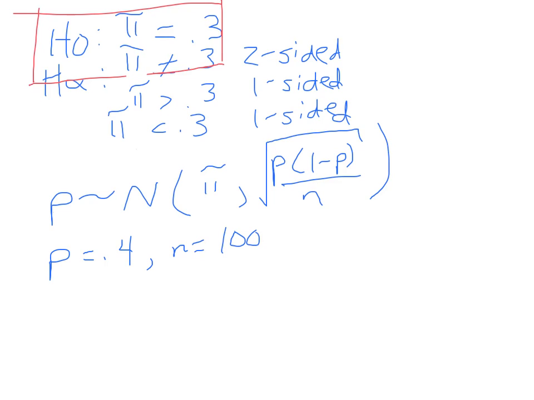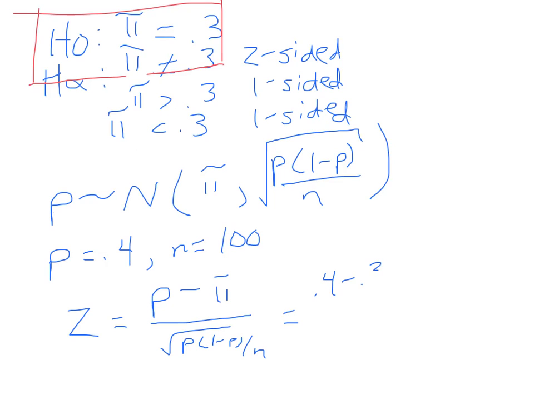To calculate my statistic, it is in fact Z because it's normal. It's equal to the value you collected minus your assumed value, divided by the square root of pi times 1 minus pi over N. Here I would plug in 0.4 minus 0.3 over the square root of 0.3 times 0.7 over 100.